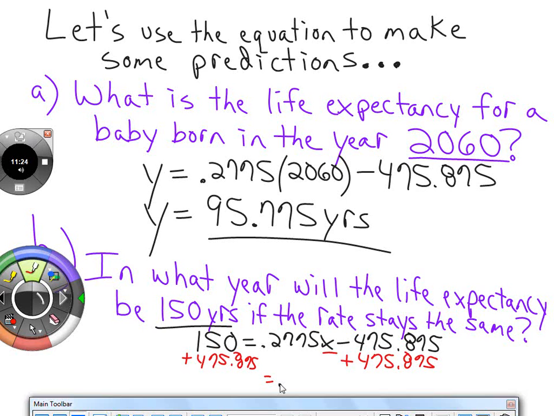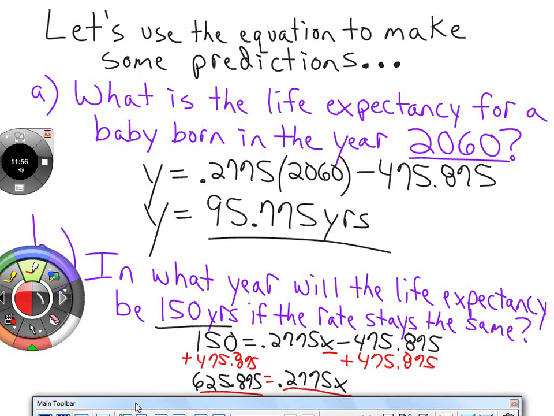So I've got 0.2775x, and I add those two together, and I got 625.875. And I have one more thing that I need to do, and that's divide both sides by the 0.2775. I'll just write that last step, which will actually be the answer on the next one.